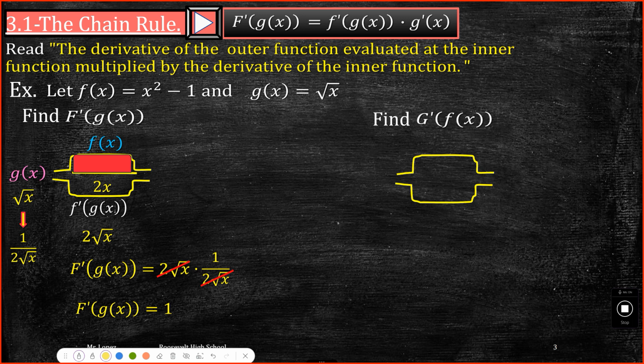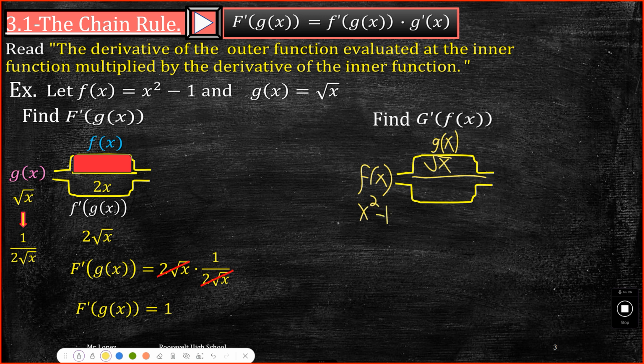So this is g of x. What do I put here? g of x is square root of x, and we're going to take the derivative of that. The f of x goes here, and f of x is x squared minus 1.